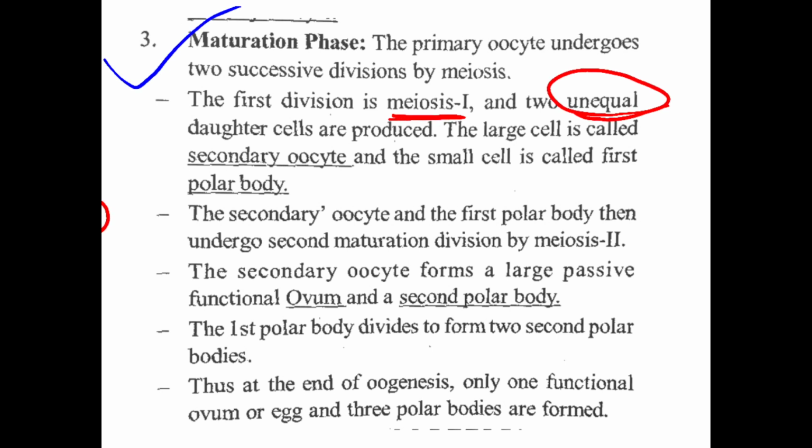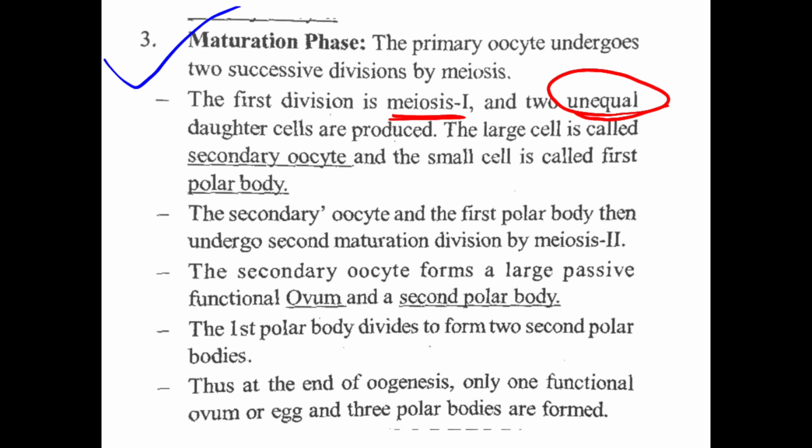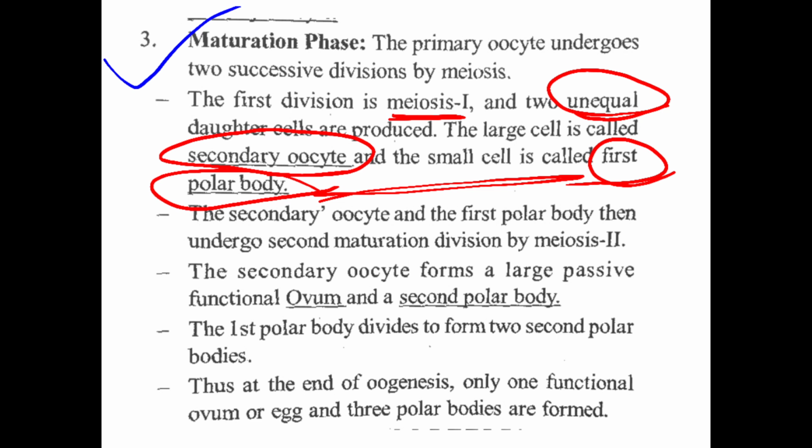The larger one is called the secondary oocyte and the smaller one is called the first polar body. Two unequal daughter cells are produced, one larger, one smaller. Can you understand?